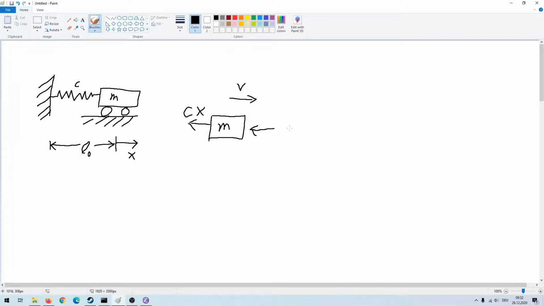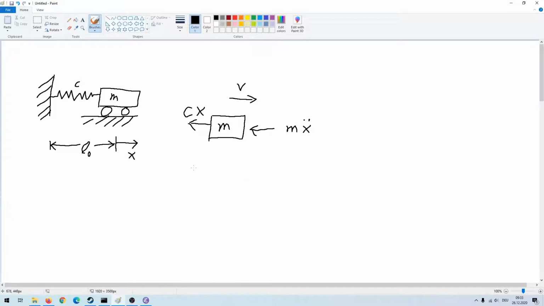So let's write down the force of inertia, and this is the mass times the acceleration, and the acceleration is the second derivative with respect to time of the position of the mass. So it's m x dot dot.